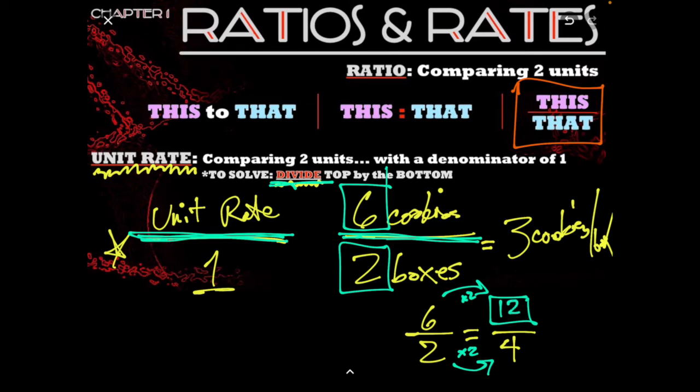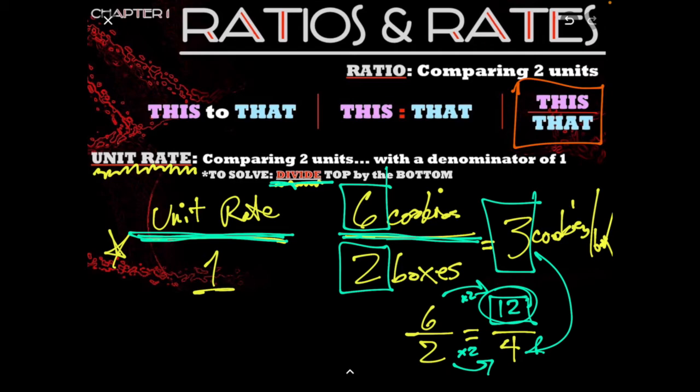You know there are 12 cookies in 4 boxes. There are 3 cookies in each box, so let's see if that makes sense: 3 times 4 equals a total of 12 cookies in 4 boxes. So that's something you can do with your ratios and unit rates: make different calculations and project out those same totals using the same ratios.